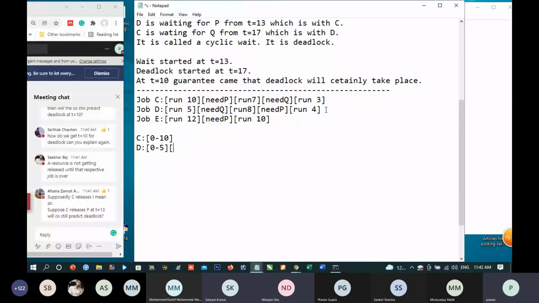Then from 5 to 13, it will be executing using Q. Because Q is available at time t equal to 5, it will be executing. Now, job C at time t equal to 10 will be made to wait.